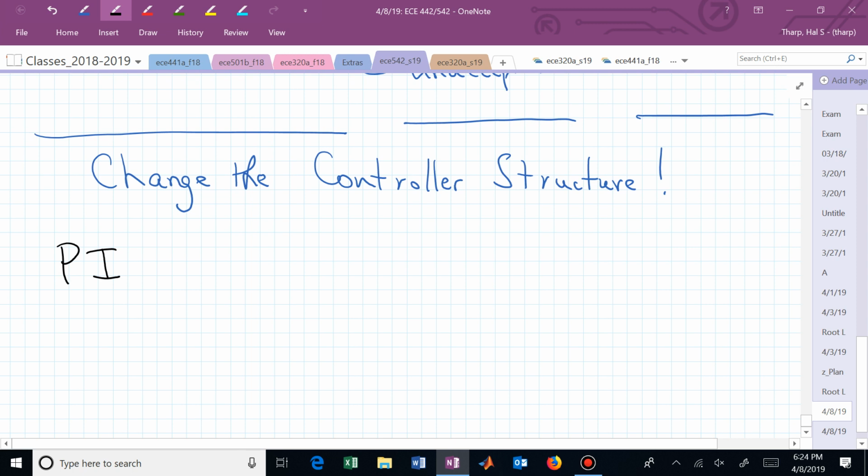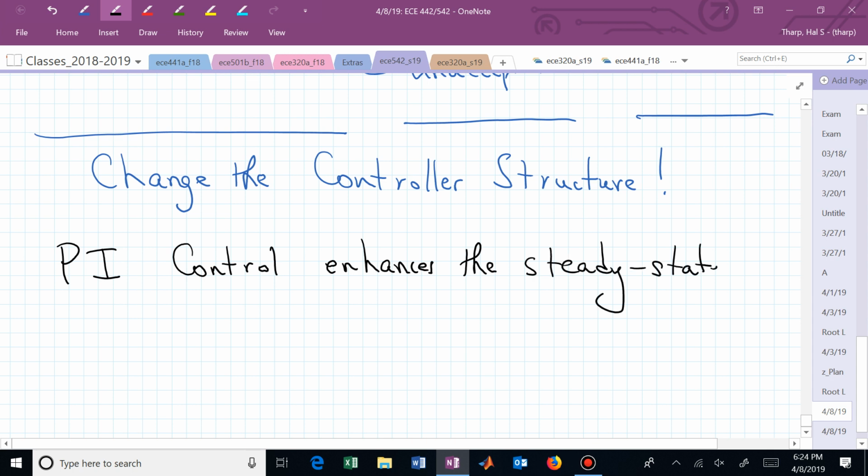A PI controller gives us better steady state accuracy than just the P controller. PI control enhances the steady state accuracy.